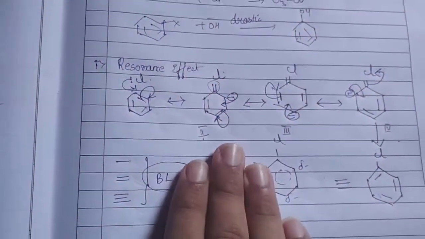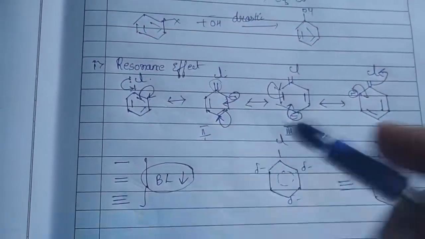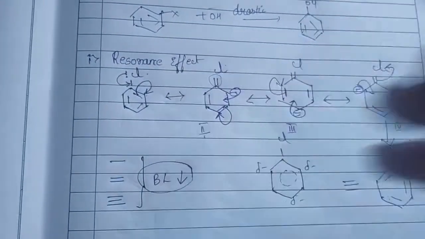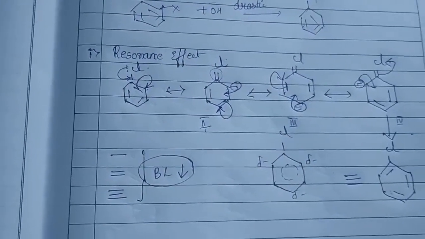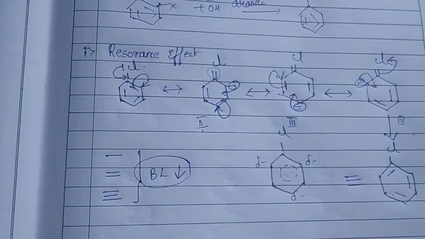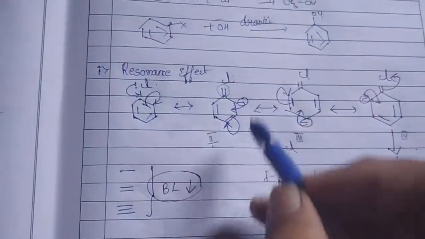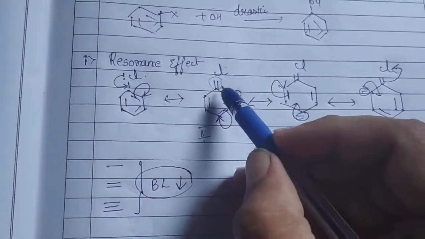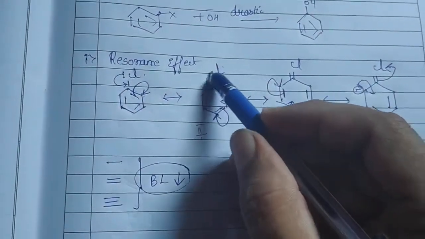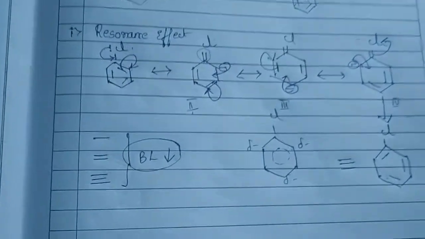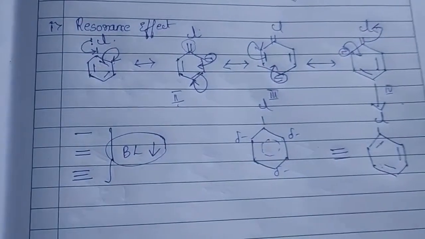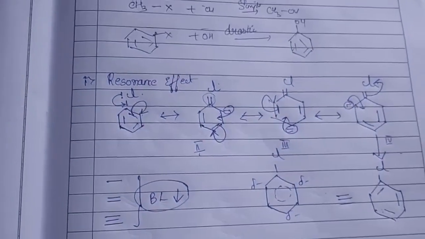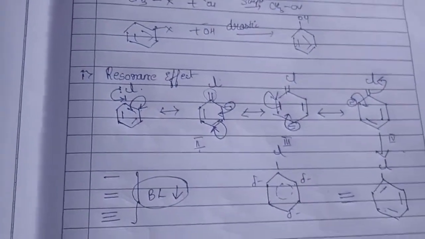So that is one important reason, through the resonance effect, why your haloarenes have less reactivity towards the nucleophilic substitution reaction. It is mainly because in the resonance structures we could observe that your C-X bond has a partial double bond character, and due to that double bond character, we require high energy to break that bond.